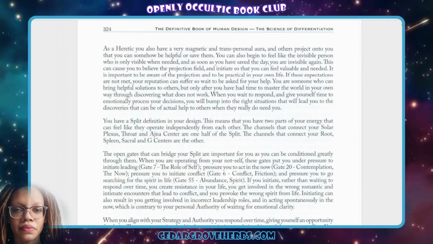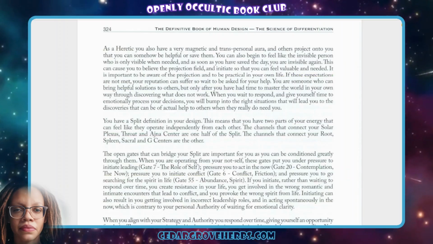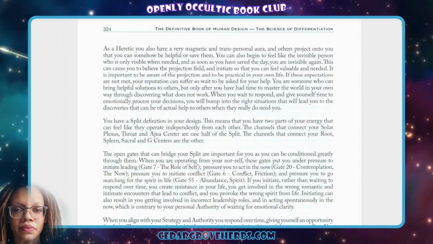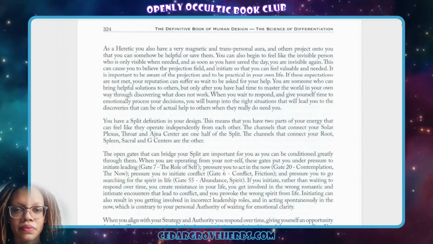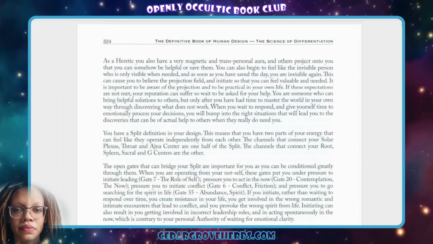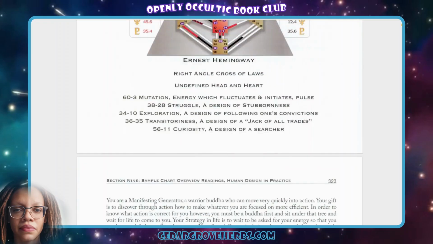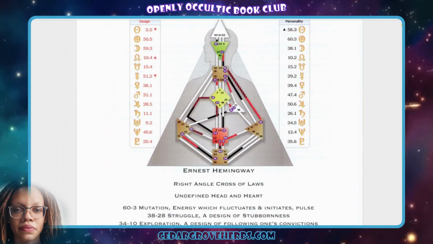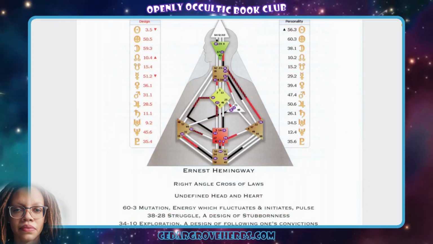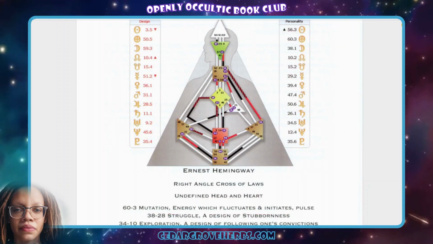If they had gate 20, contemplation, the now, they would not feel the pressure. Since they don't have it, they feel the pressure to act in the now. If they did have it, it would complete the circuit and have one continuous flow of energy through all their centers. Gate 20 is located where?